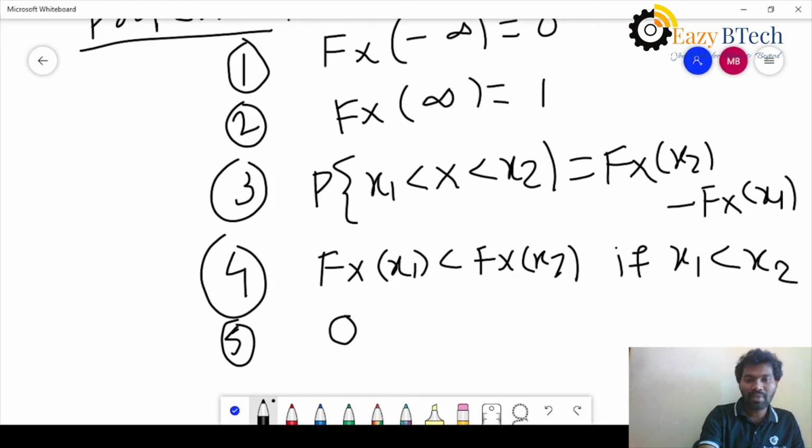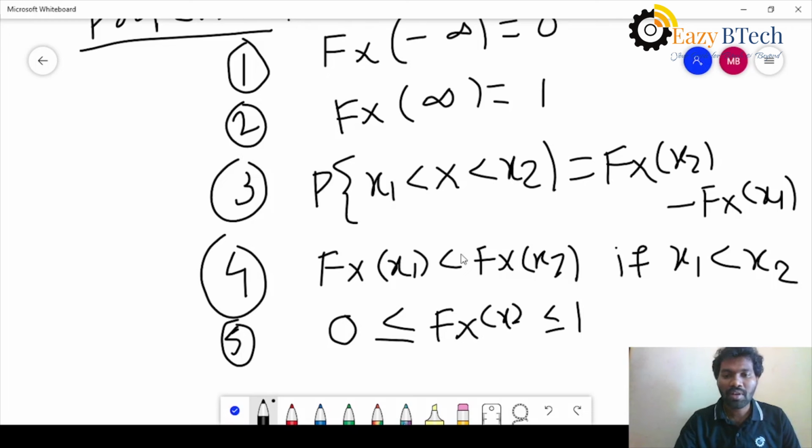Now the fifth one: the value always lies between 0 and 1. Why? Because you can already say that this is a probability. The probability distribution is nothing but probability, so it must always lie between 0 and 1. So this is the fifth property.